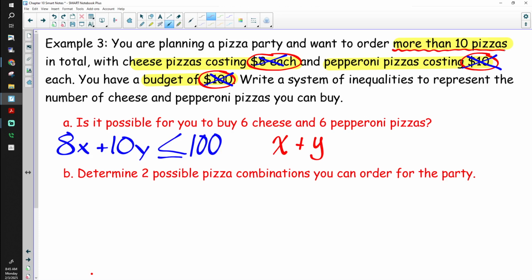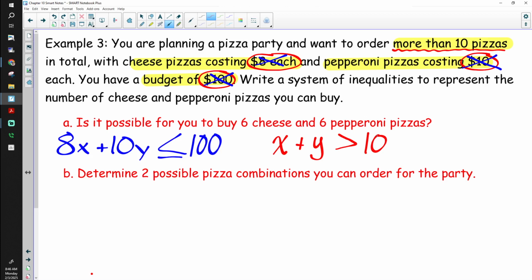So what alligator mouth am I going to use? Greater than, is it going to be or equal to? Because it's strictly more than 10. I can't get 10 pizzas, I need to get more than 10. So greater than 10.